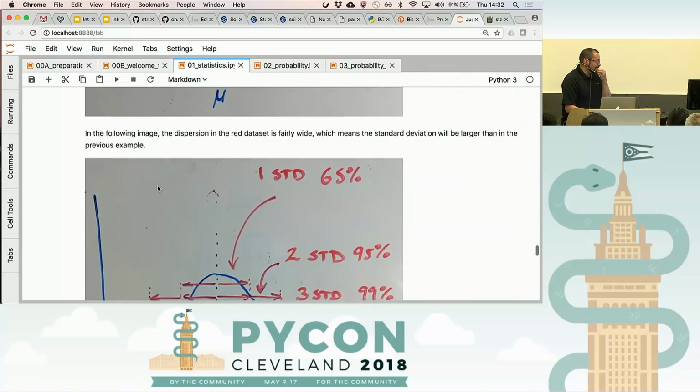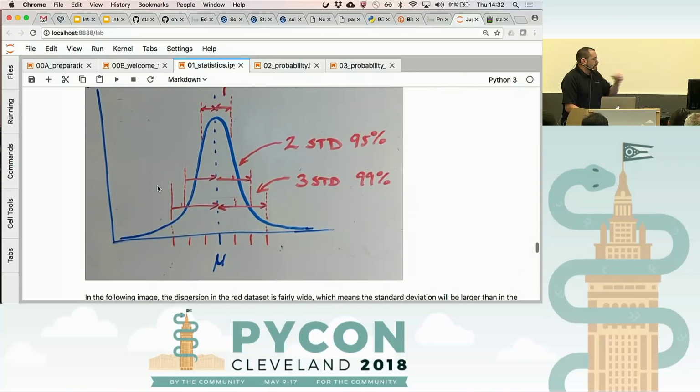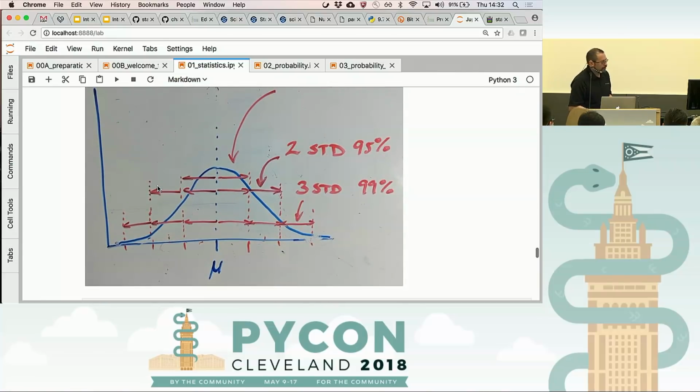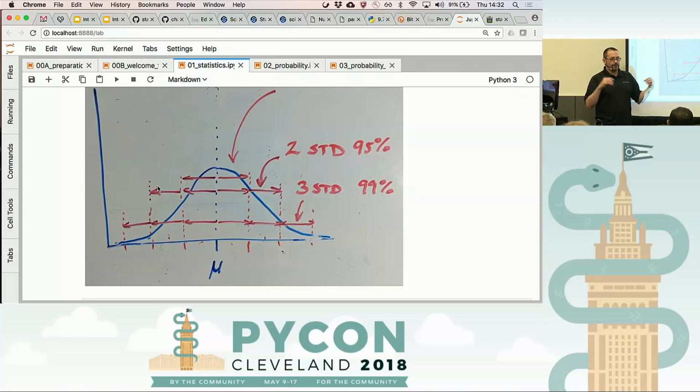Let's see. This first picture is kind of spiky. The data is fairly closely clustered on the average. This next picture is a little less spiky. It's a little wider. And because the graph is less spiky, my standard deviation happens to be bigger.